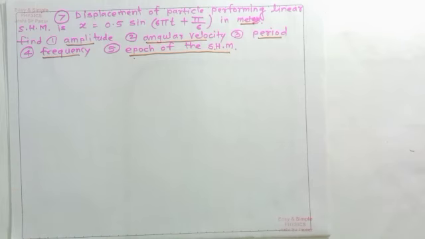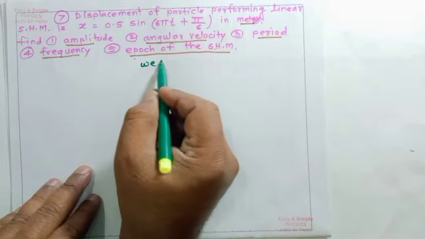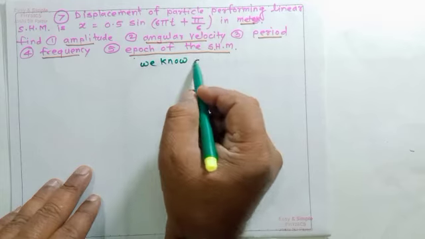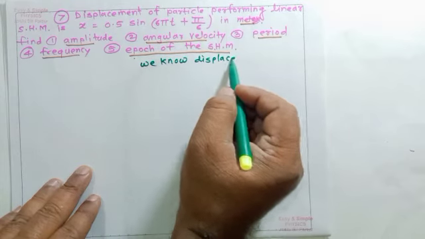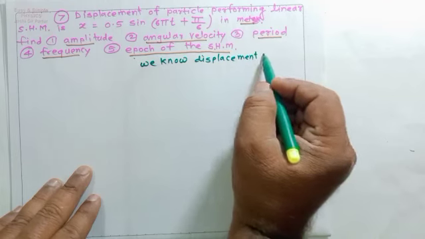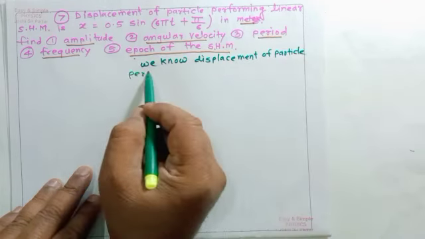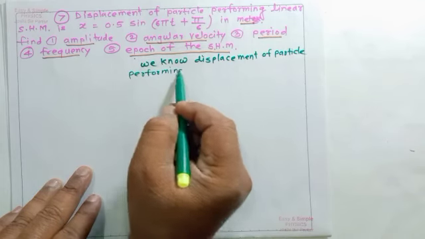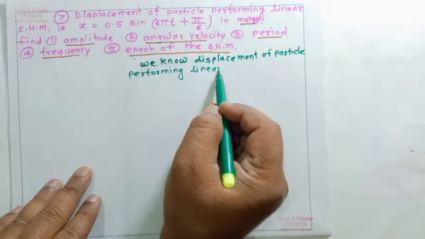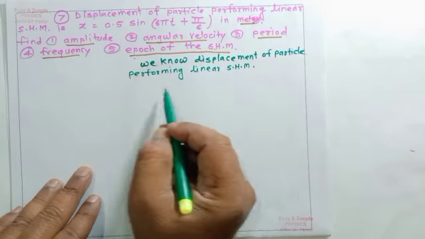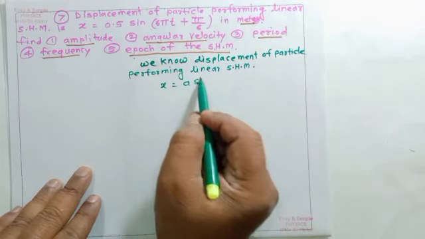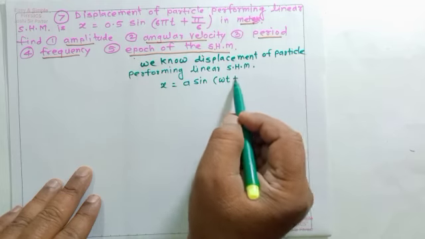Such a type of example is solved by using a formula. The formula for the displacement of a particle performing linear SHM is x equal to A sine of omega t plus alpha.